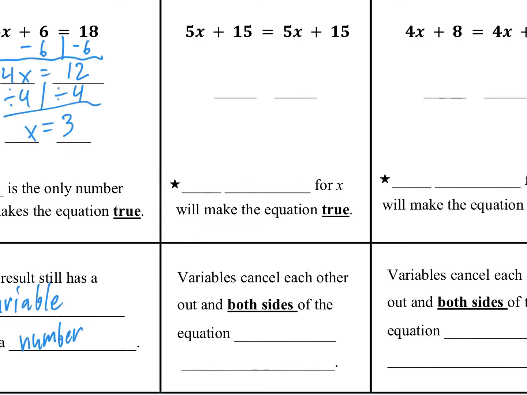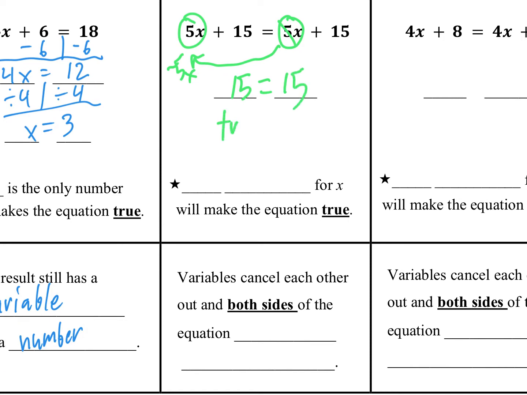If you look at the example of 5x plus 15 is equal to 5x plus 15, you will notice that you have 5x on both sides. So when you move one x over to the other side, it becomes a minus 5x. And in that case, 5x minus 5x is just 0. So you're left with 15 equals 15.